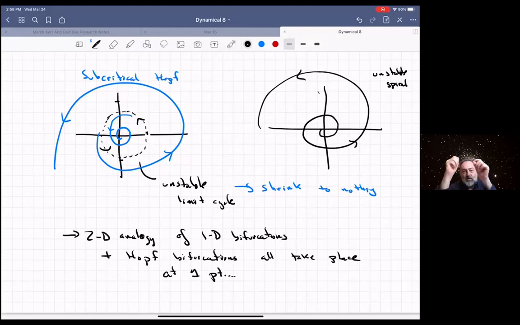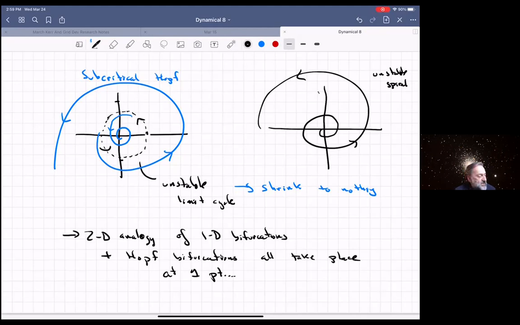So the bifurcation action happens when, like in the pitchfork, the one stable splits and becomes two stable and one unstable. The place where the splitting happened was at one point, or the limit cycle shrank to the origin. And so at the origin is where the one action happened, right? So these bifurcations all happen at one point.